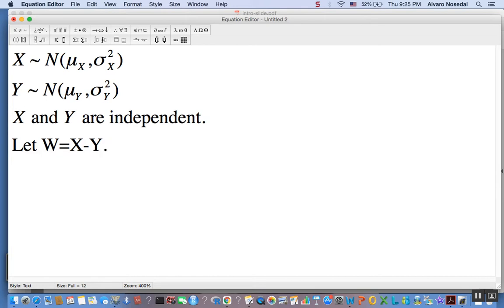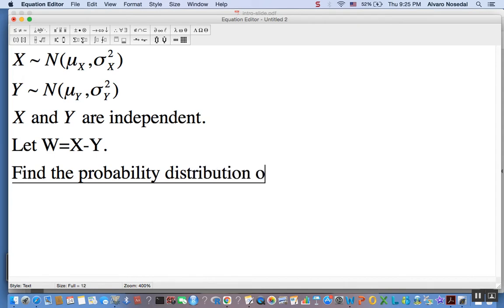And what we would like to do here, and again this is an intermediate step so we can derive that formula for the credible interval for mu1 minus mu2, is find the probability distribution of W. We learned about different ways of doing this in our probability course.